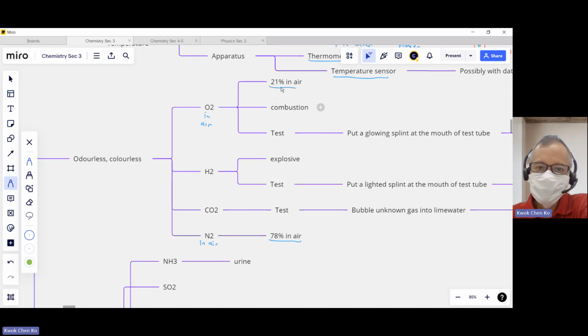You have to remember these two numbers, 78 for N2, 21 for O2. Now, be very clear, H2 is hydrogen. This is not in air.